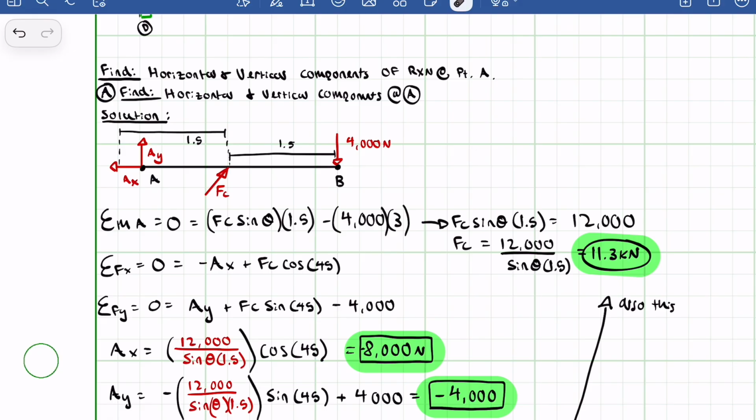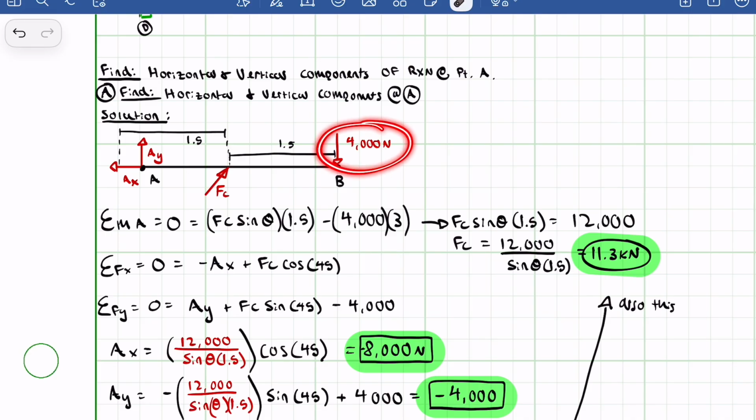What I did right off the bat is I know that we can solve for the moment around point A, right? And the moment at A can be modeled off of this equation. And in this equation, we have the force of C times 1.5. This gives us our moment around point A due to C in the y direction, right?